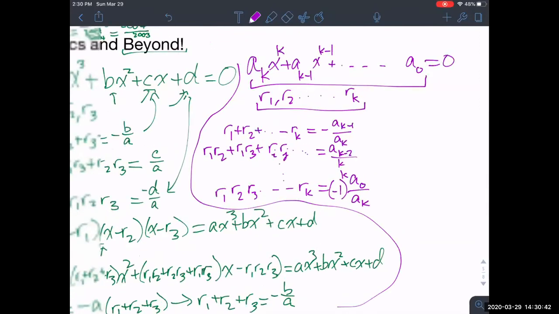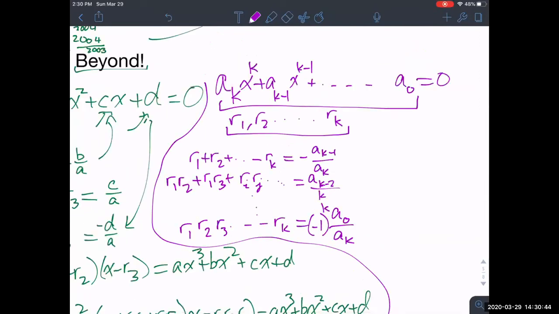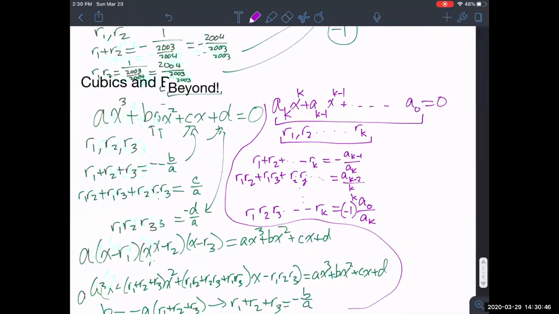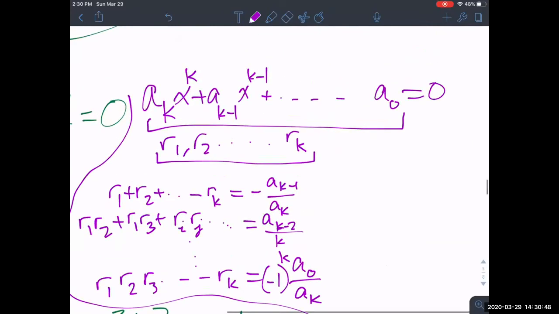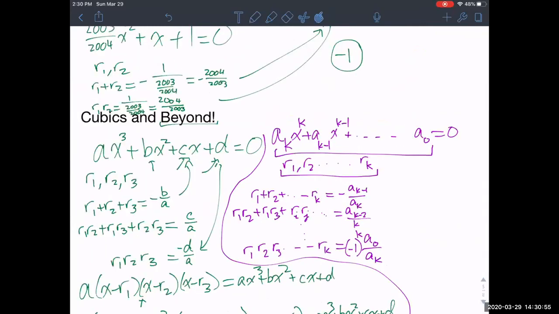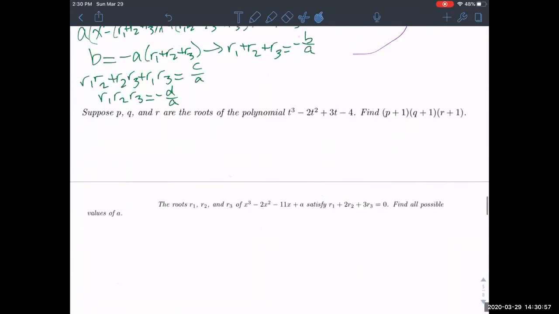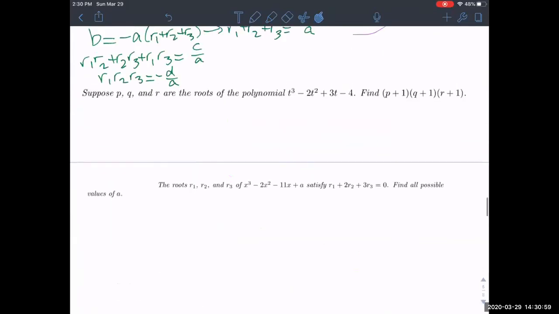So yeah, that's the general form of Vieta's. This might be a bit complex, but it's fairly symmetric. Now let's talk about how we can apply that in a couple of problems.